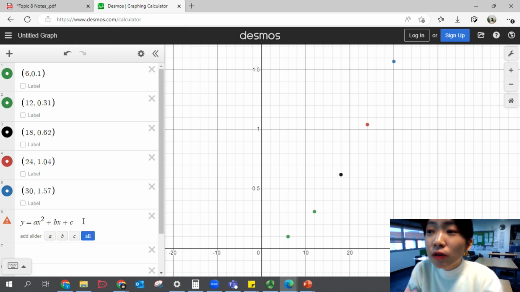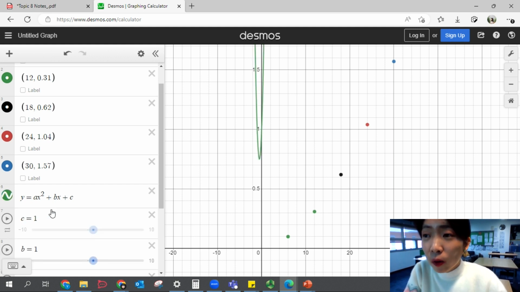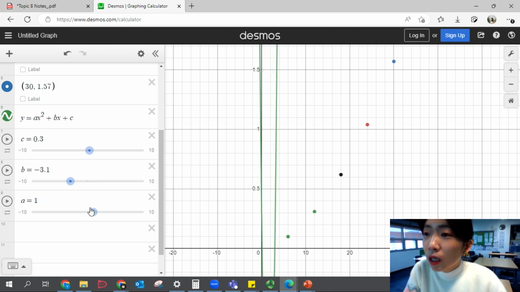You just have to fill in the quadratic form, y equals ax squared plus bx plus c, and then adjust it yourself. This is when a, b, and c are all 1. So we want to adjust c, then b, and then a.